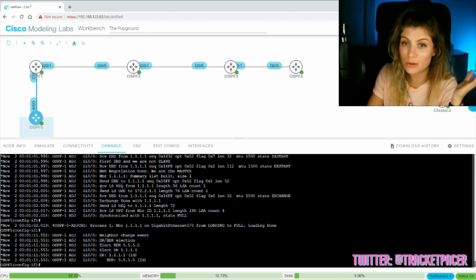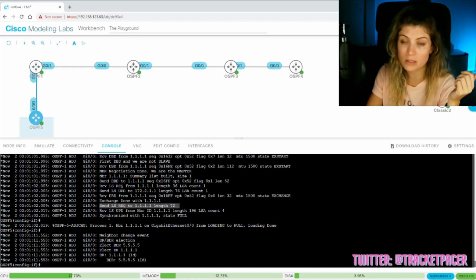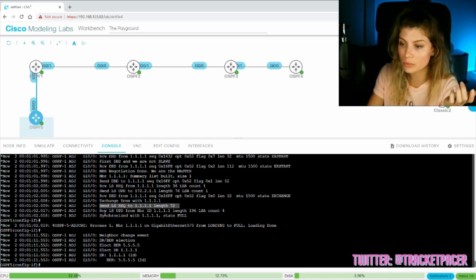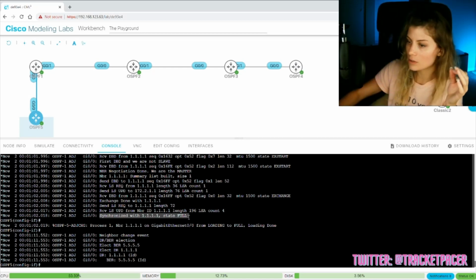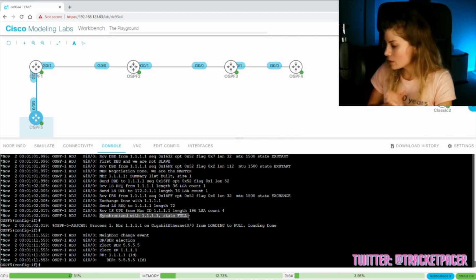I guess we probably don't have to know the exact details of this, but basically, we're talking back and forth and sharing our databases. Finally, we're done with exchange. If we see something in the database that we don't have, then we send a request to quad 1, and quad 1 will then reply with an update for us. And then once our databases are synchronized, we're in full state, which is stable, and that's what we want.